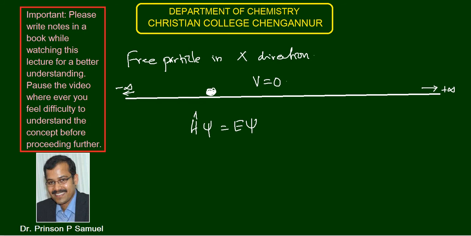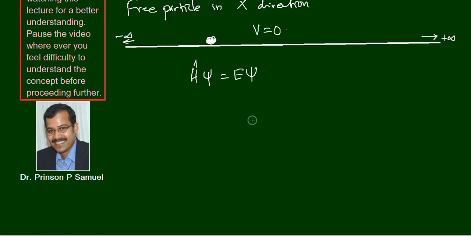Let us now set up the Schrodinger equation by expanding the Hamiltonian. Here psi represents the state of this system, or the wave function of this system. The Hamiltonian is minus h square divided by 8 pi square m d square by dx square plus V. This is the kinetic energy part, and this is the potential energy part.